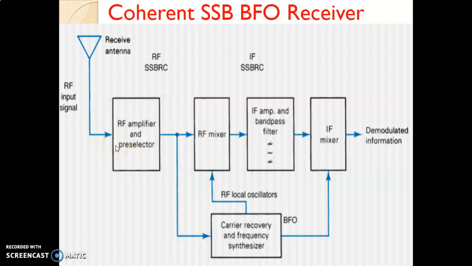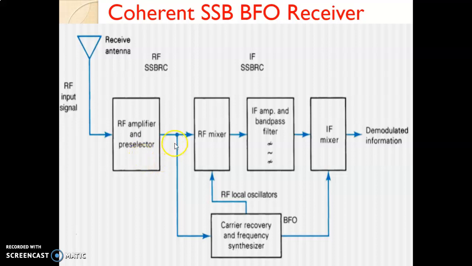The functions of the RF amplifier, preselector, mixer, IF amplifier, band pass filter are all discussed in detail in the video of the superheterodyne radio receiver. So that particular video is very important to understand all the types of receiver, because blocks are more or less the same in all the types of receiver.